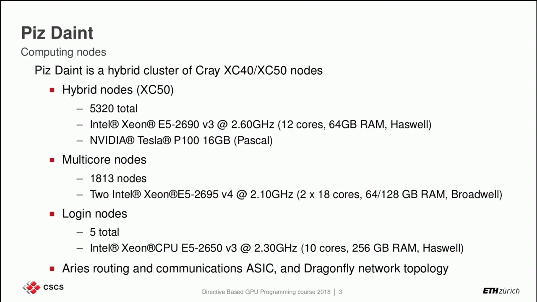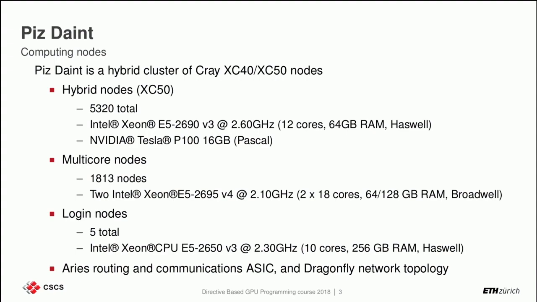Piz Daint is a large supercomputer. It's a hybrid XC40, XC50 supercomputer. It has basically two major partitions. One is the large one, which is the hybrid nodes, 5,320 nodes.